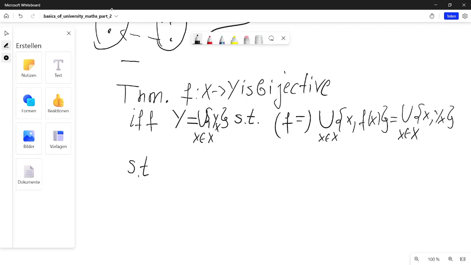Such that, so it's if and only if, and that all goes in, right?